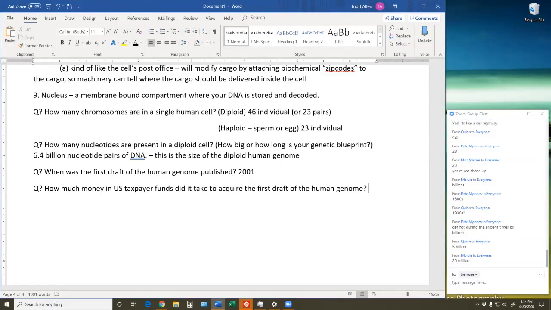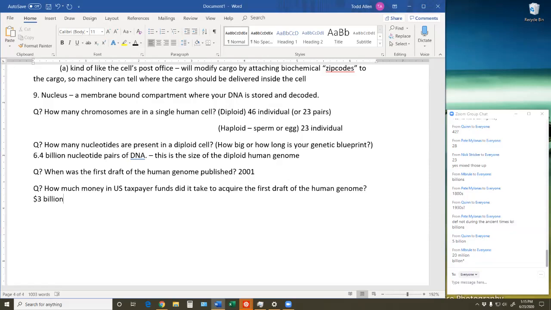Yeah, it took, in 2001 dollars, just in excess of 3 billion US dollars. Okay, folks, $3 billion was what it took to get the first draft of the human genome. That is more money than it took to put a man on the moon. Okay? So we're talking about big, big, big science projects. All right, any questions?